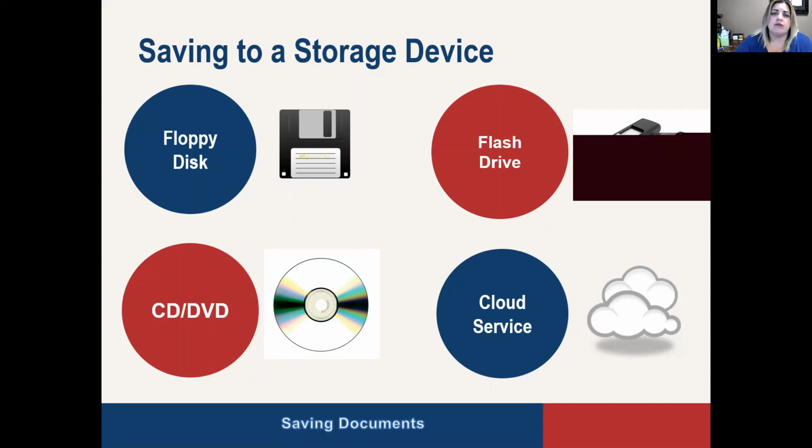Then you've got the more traditional way of doing things nowadays, which is a flash drive, or sometimes referred to as a thumb drive. Essentially, you're saving this information onto a little drive. I was going to see if I had one nearby.